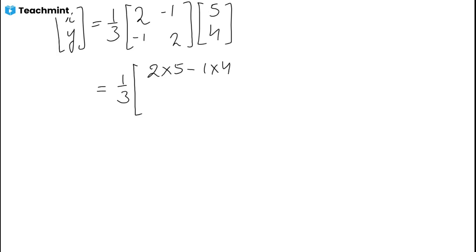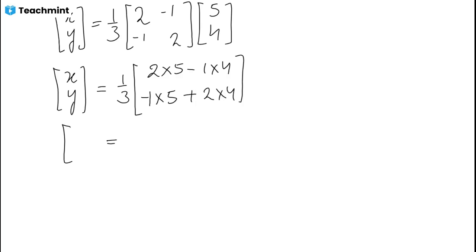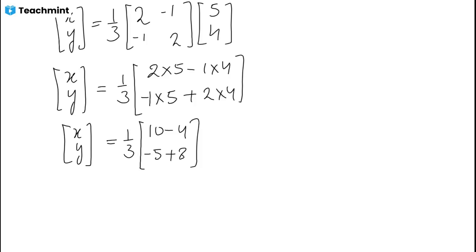Now multiply the second row with this column: minus 1 into 5 plus 2 into 4. So we have here 10 minus 4 and minus 5 plus 8, and 1 by 3 we have 6 and 3.